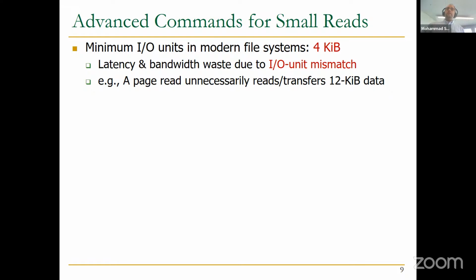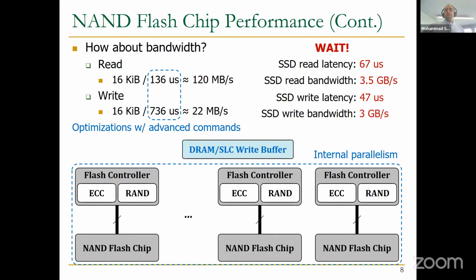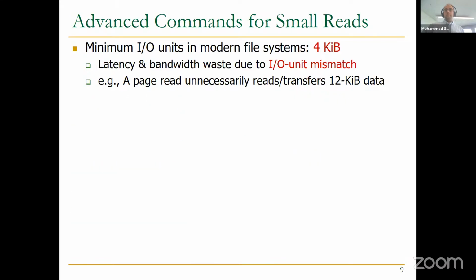So I'm going to talk about some other optimizations that we are making in SSDs to improve performance. One of them is the advanced commands that we have for small reads. The minimum I/O unit in modern file systems is 4 kilobyte.